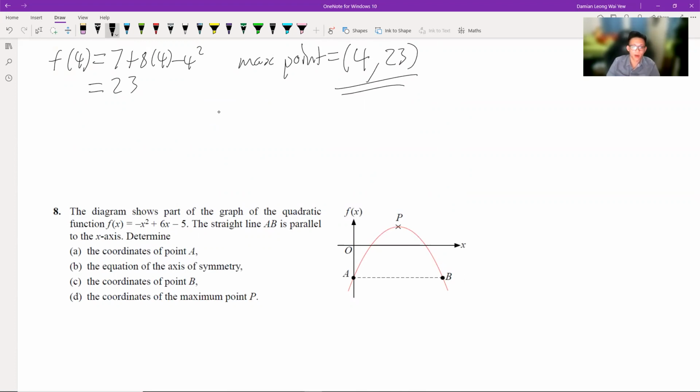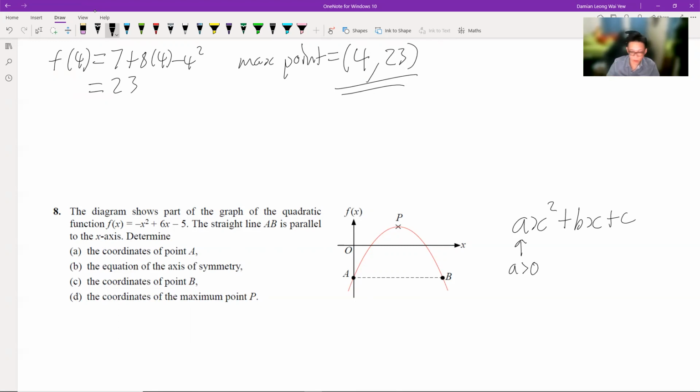Now, before I answer this question, let me explain to you the effects of your a, b, and c in your quadratic equation, expression or function. Now the a represents the shape of the graph, whether it's U shape or N shape. If it's more than 0, it's positive.